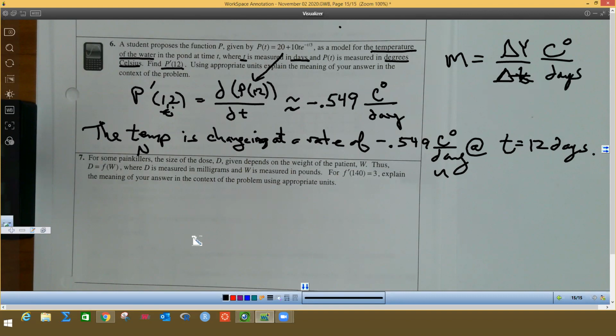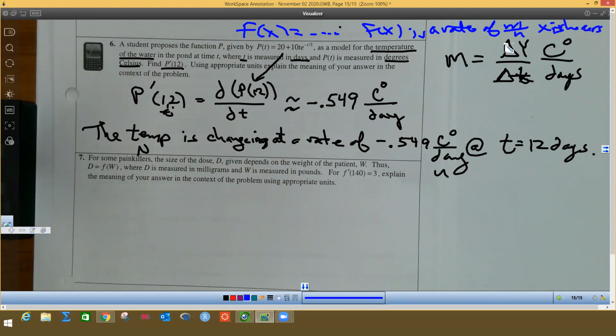To give you an example of when it would be different, sometimes they might say f of x equals blah, blah, blah, and then say f of x is a rate of, let's say, miles per hour, and x is hours.